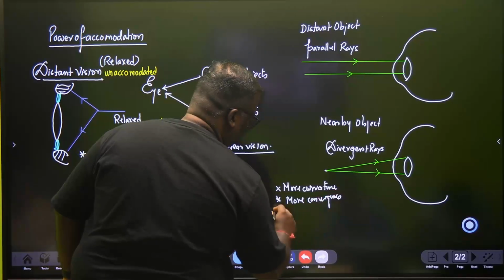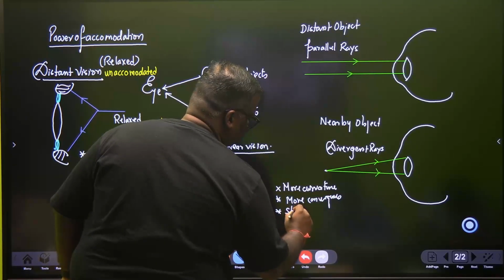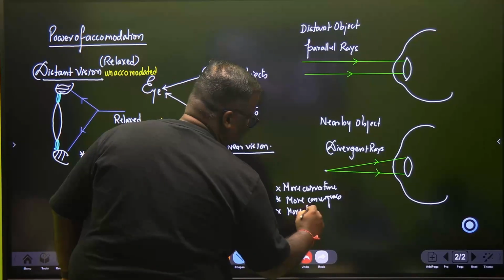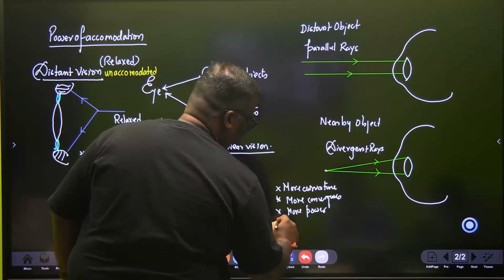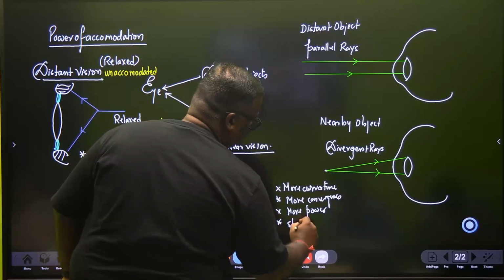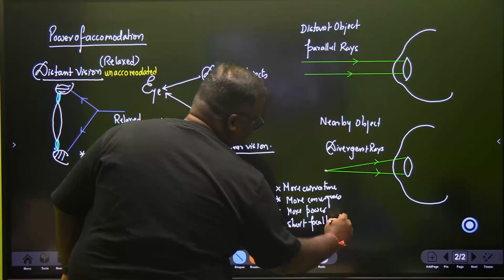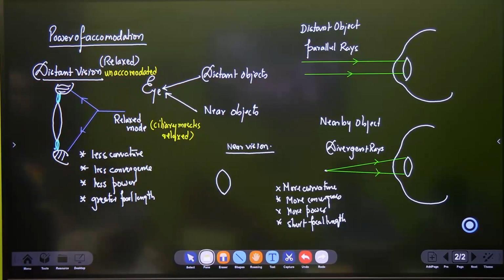If you have more convergence, it means you have more power, and if you have more power, you have short focal length. Is this clear? Shorter focal length.